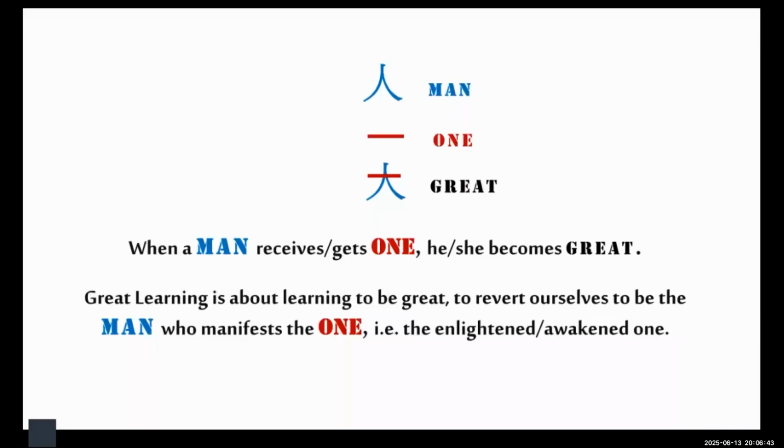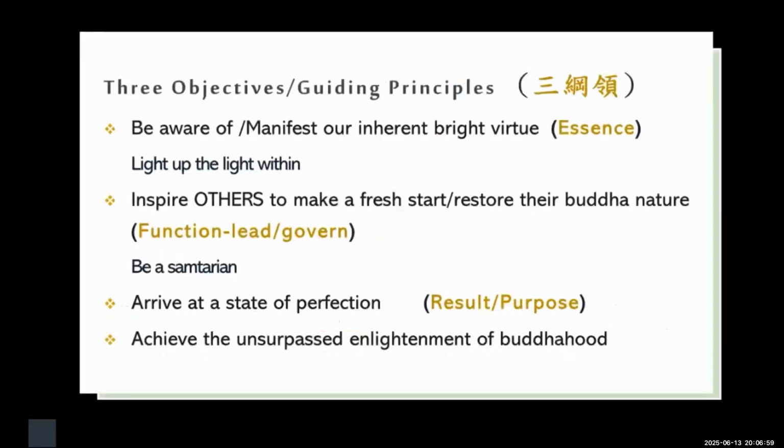So this 大学 means really to learn to be great, to learn, as we know in the three objectives, to manifest our Buddha nature and also to help others understand their Buddha nature, be aware of it, and also restore or allow the light within to shine through.